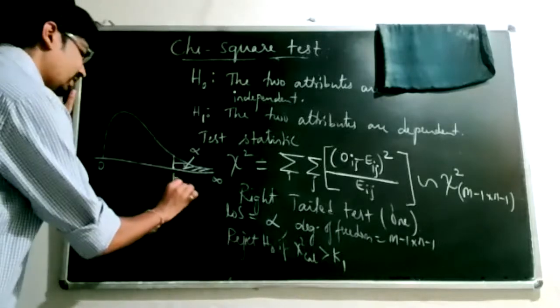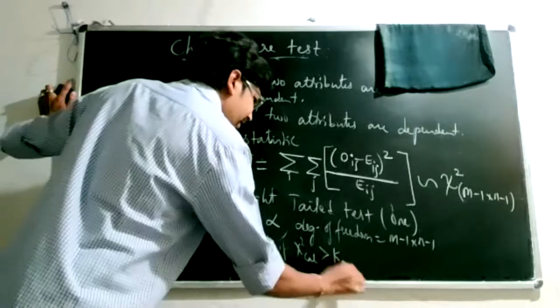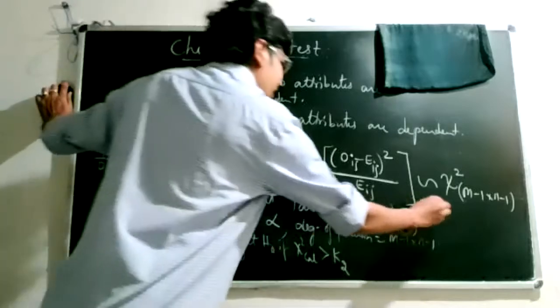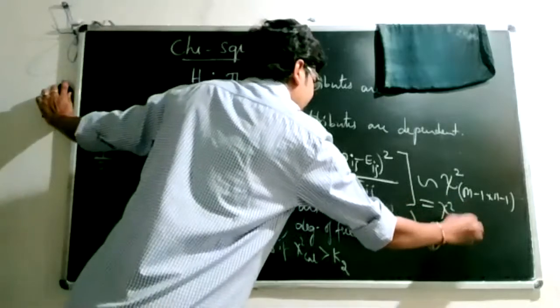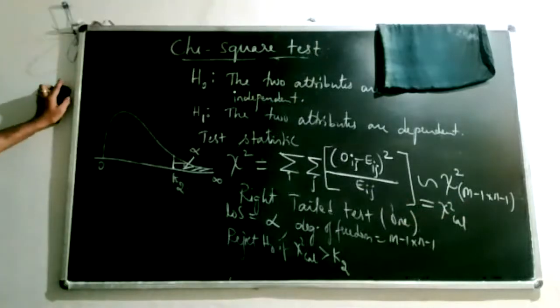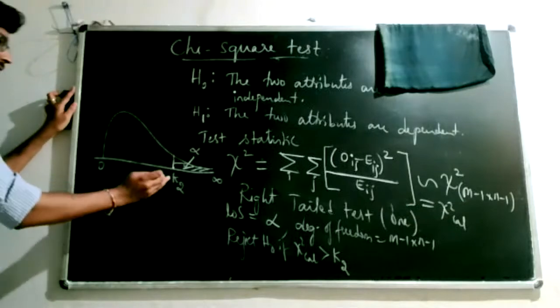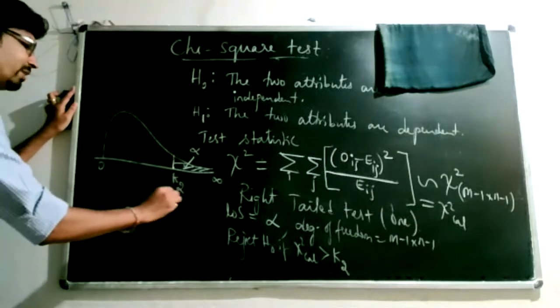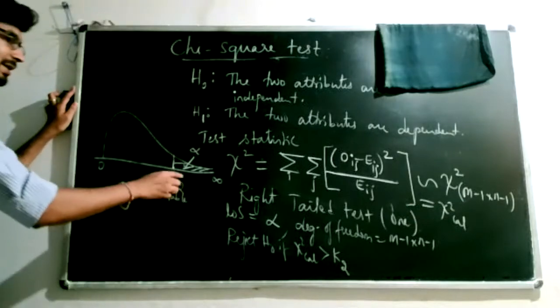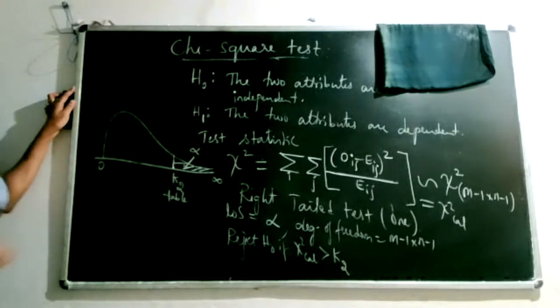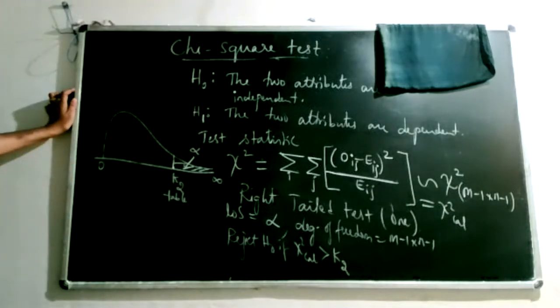Since I've used K2 for a right tail test, I'll just use K2 and call this the chi-square calculated value. In the chi-square, we have a tendency of calling the table value for a right tail K2 and the table value for a left tail K1. That's why I've used K1, K2 here. So this is the procedure.